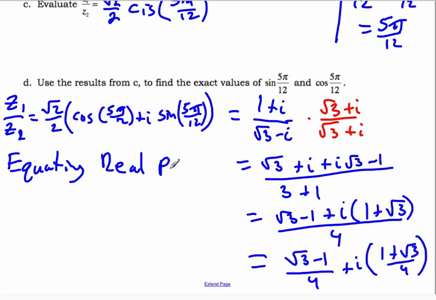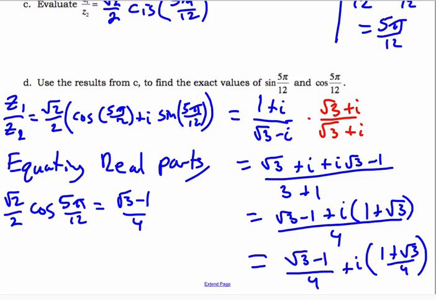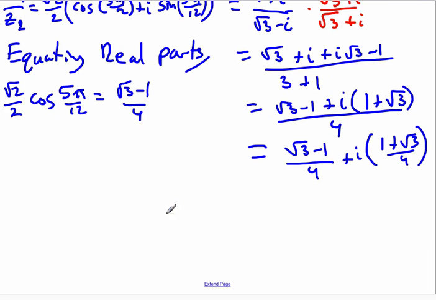real parts, we get, don't forget about this root 2 over 2. Root 2 over 2 cosine 5 pi over 12 equals this real part over here, root 3 minus 1 over 4. Okay, we just simply need to solve this now. So I'll multiply both sides by 2, and then divide by root 2.